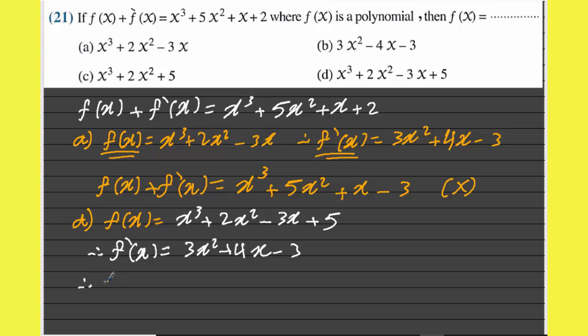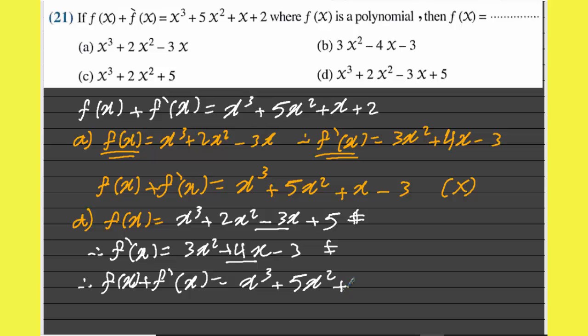Now according to the required, f of x plus f dash of x equals x power 3 plus 5x square plus x, and 5 minus 3 equals 2.